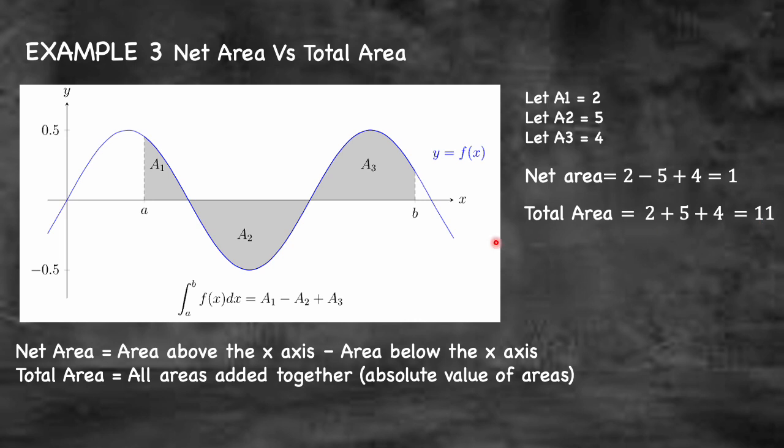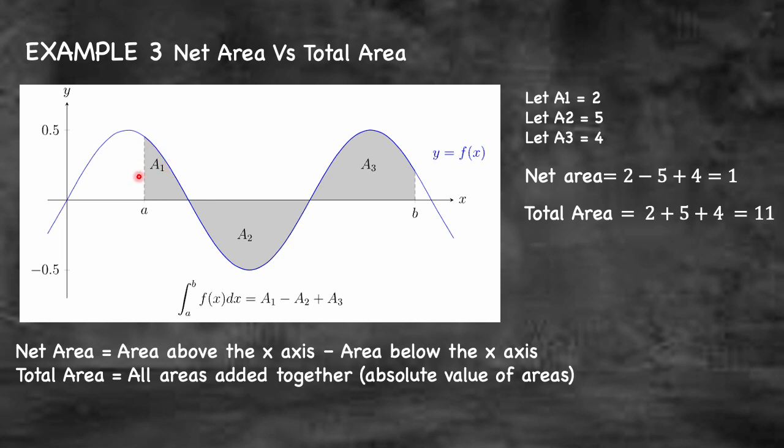Now, when you are using your definite integral to find areas, by default, the definite integral will find the net area. That's just how it calculates it. And then if you want to find the total area using a definite integral, you're going to have to split the integral into 3 separate integrals, because you don't want to take the signs into consideration.